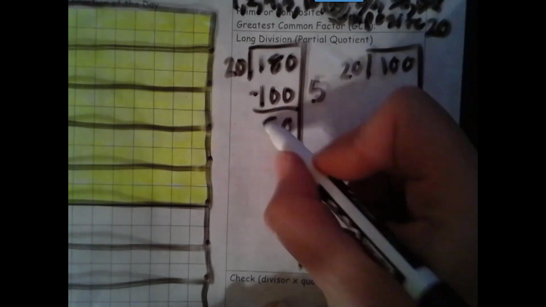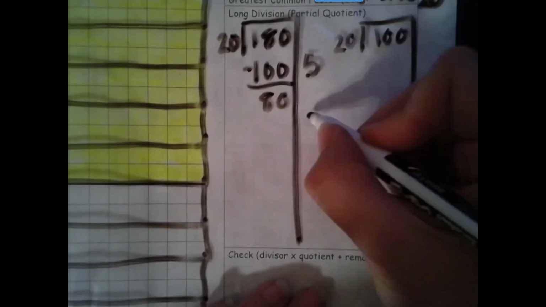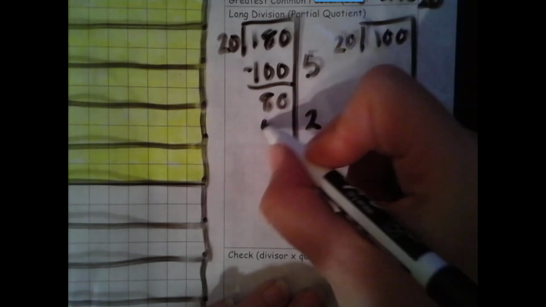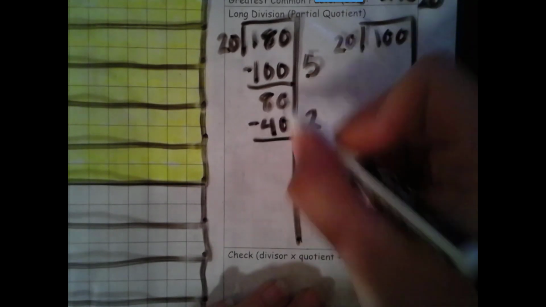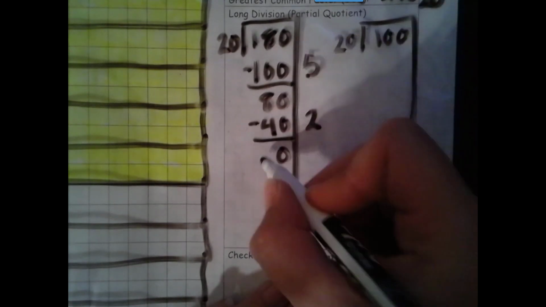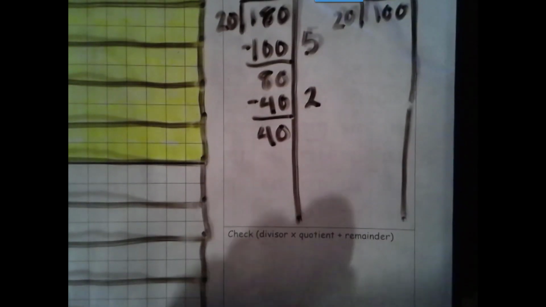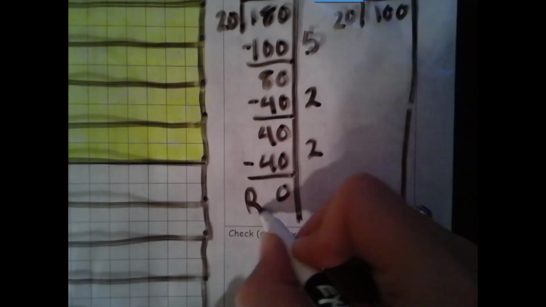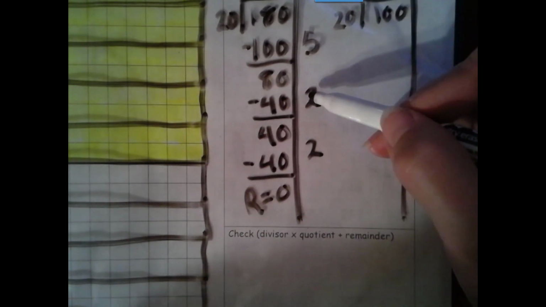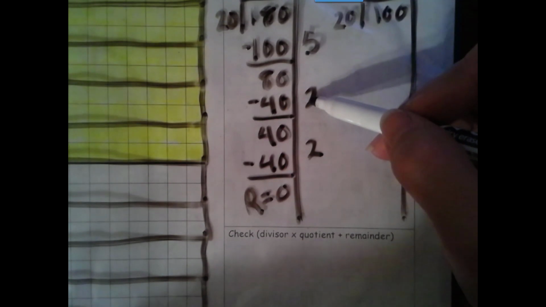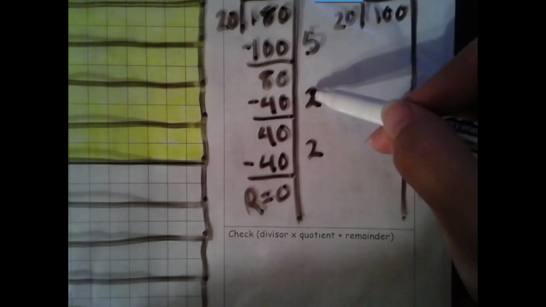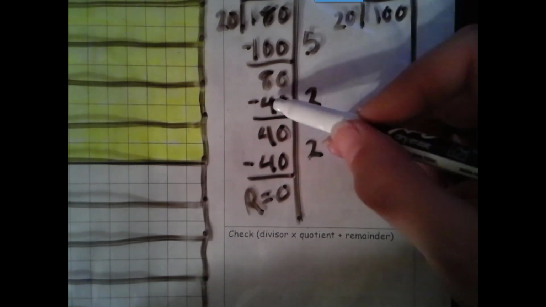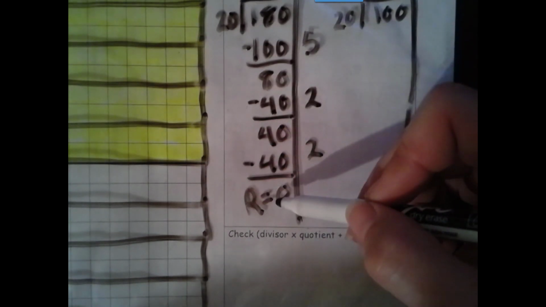Numbers the same, zeros the game, more on top, no need to stop. I'm going to do 2 groups of 20, that's 40. Numbers the same, zeros the game. And then 2 more groups of 20. Now you may have recognized here that 4 groups of 20 would give you 80, and that's perfectly fine. If you can see that, you can get to the answer more quickly.